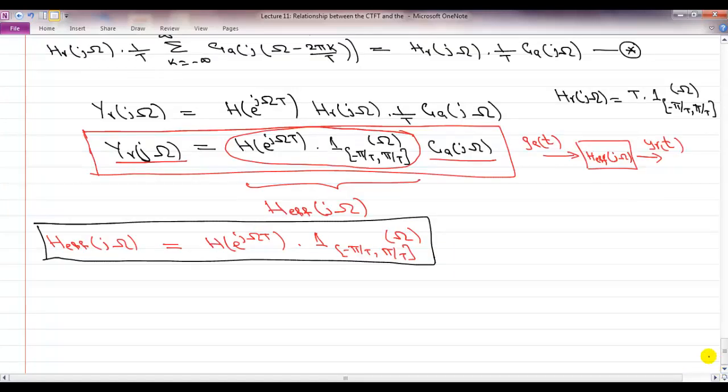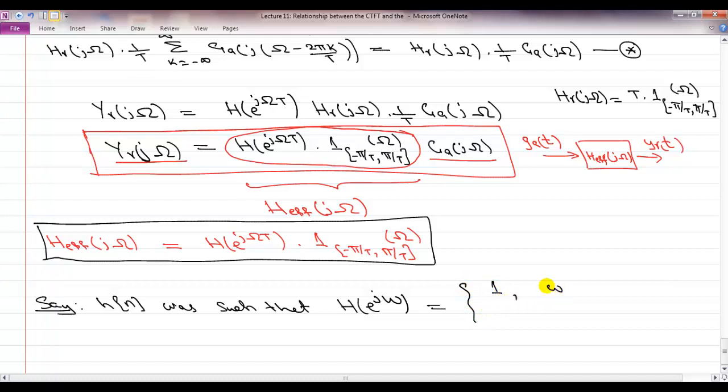What does it pictorially mean is that, let's say my discrete time filter was such that H(e^{jω}), let's say it's a low pass filter, okay? So it is 1 for little omega less than or equal to ω_c, and 0 otherwise, in ω belonging to minus π to π.